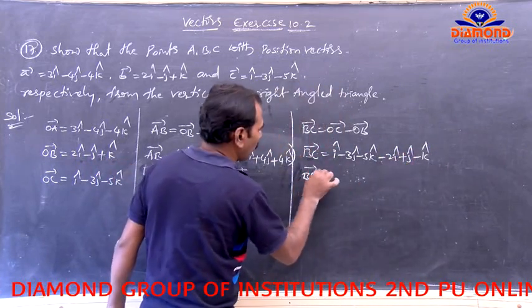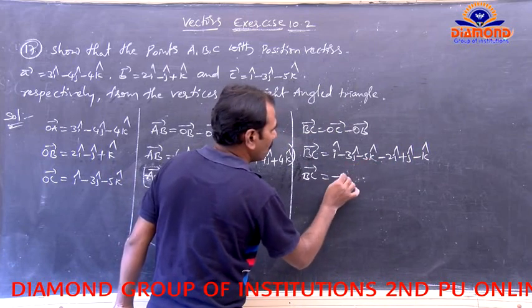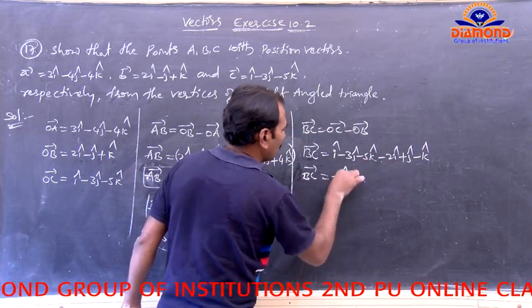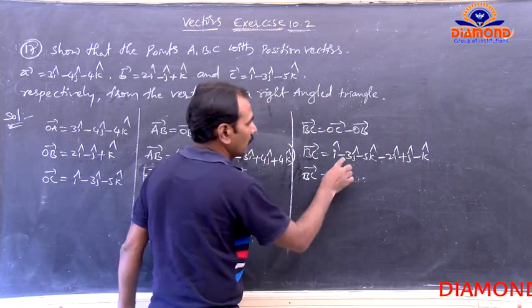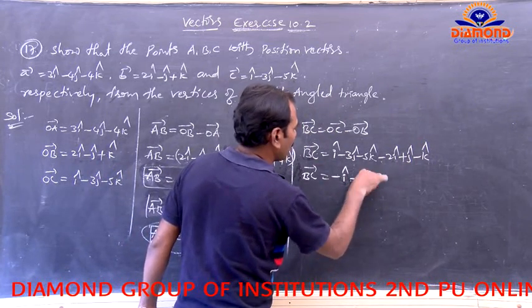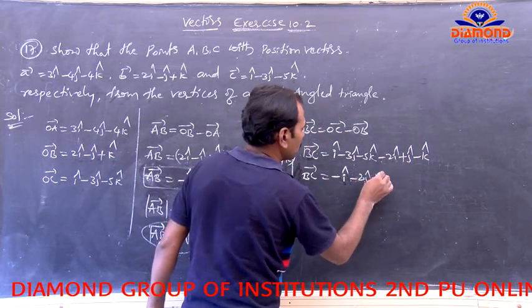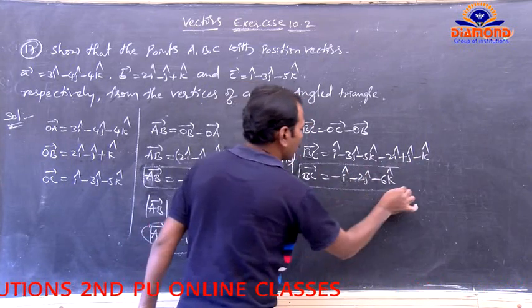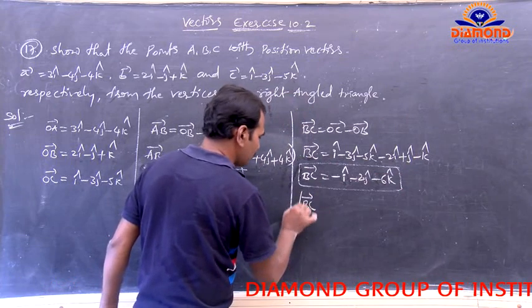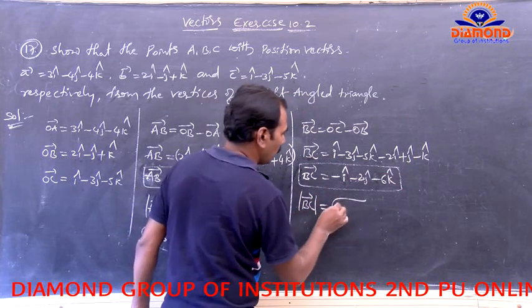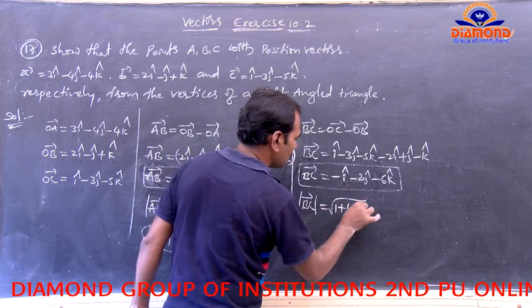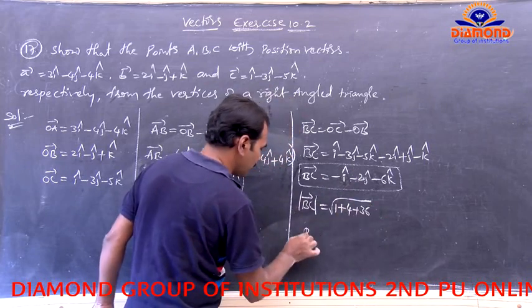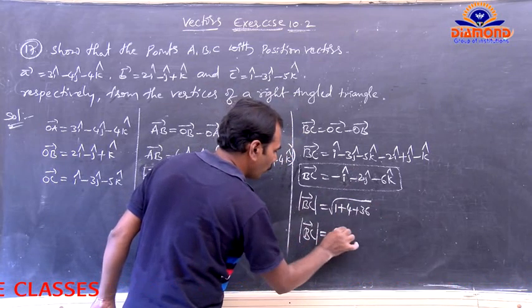So BC bar equals minus i cap minus 2j cap minus 6k cap. BC magnitude is square root of 1 plus 4 plus 36, which means BC magnitude is root 41.